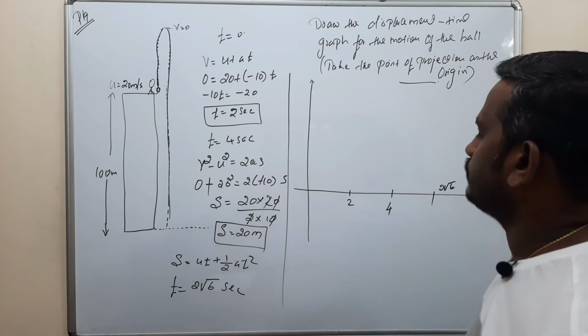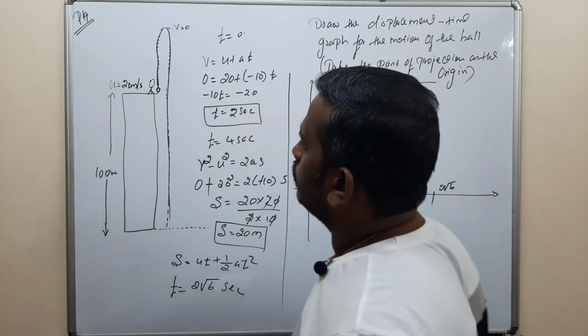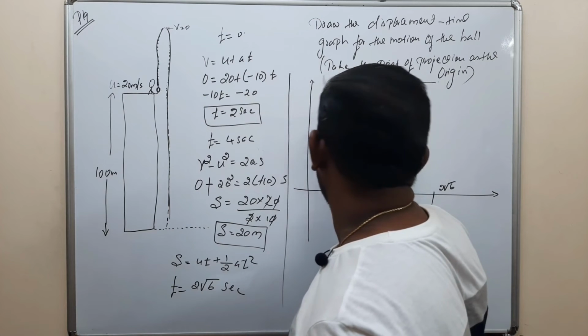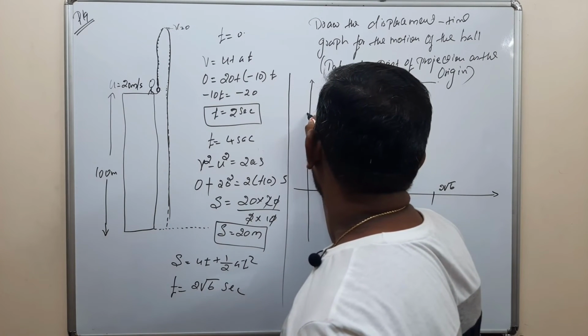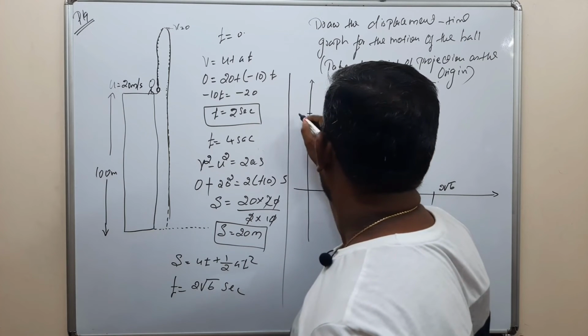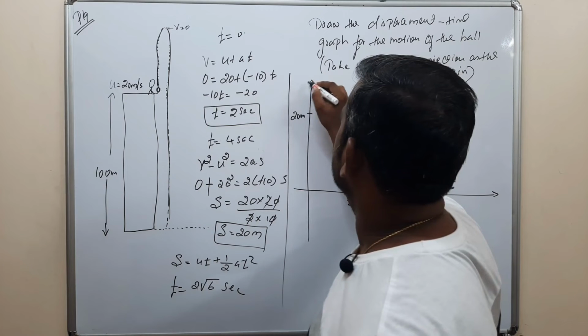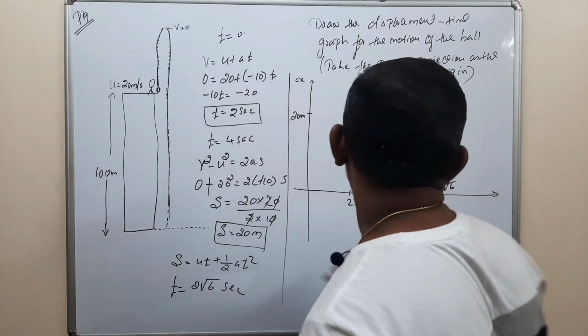Then the displacement traveled by the body when time t is equal to 0 is 0. When time t is equal to 2 seconds, it is 20 meters. Am I right? So this is the displacement time graph.